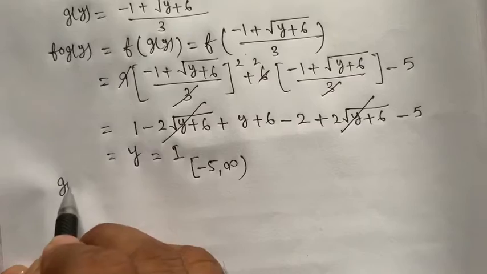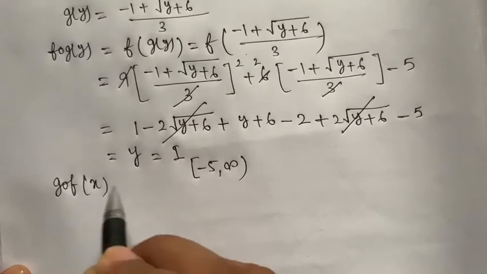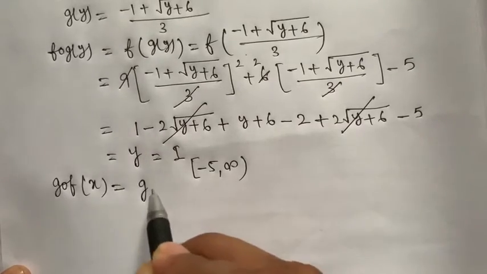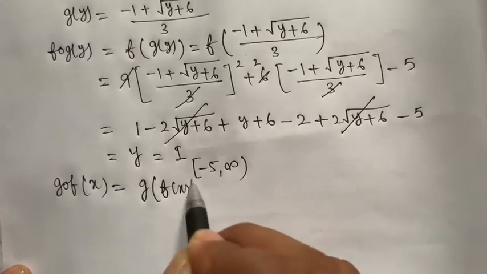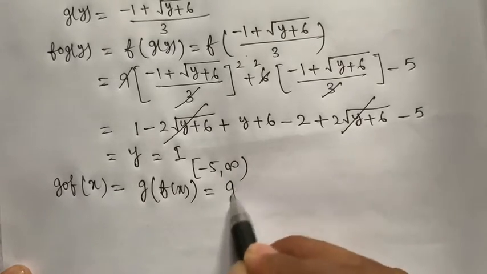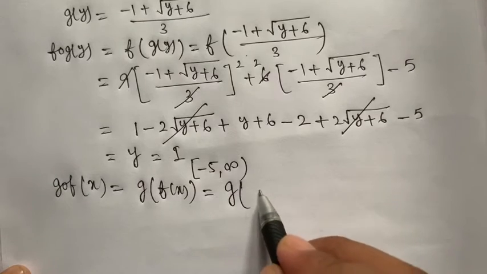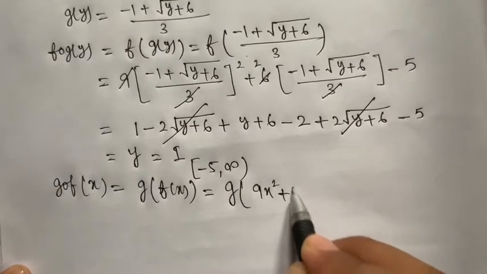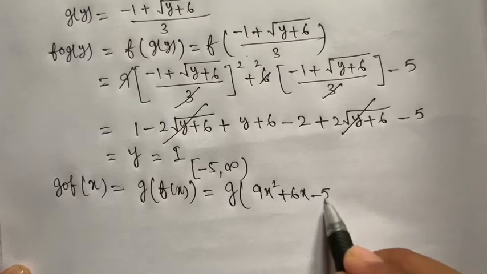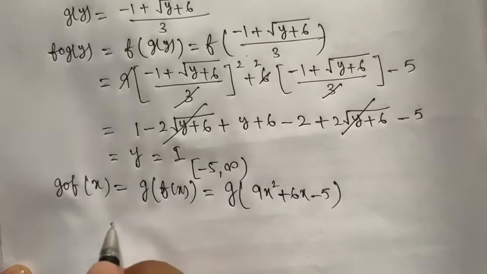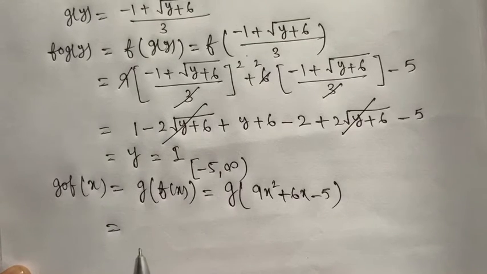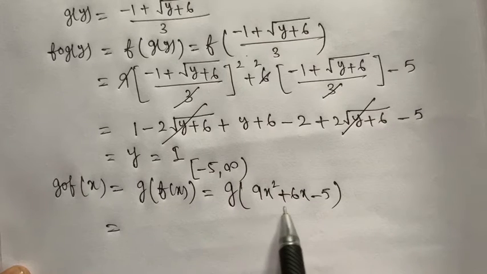Now GOF of x we need to calculate. GOF of x is equal to g of fx, where fx has value 9x square plus 6x minus 5 there. Now in the expression for gy, we need to replace y by 9x square plus 6x minus 5.